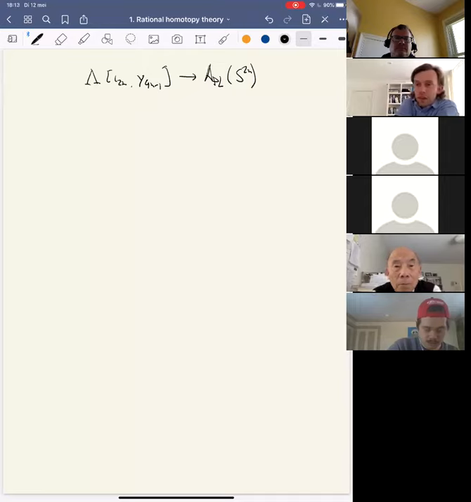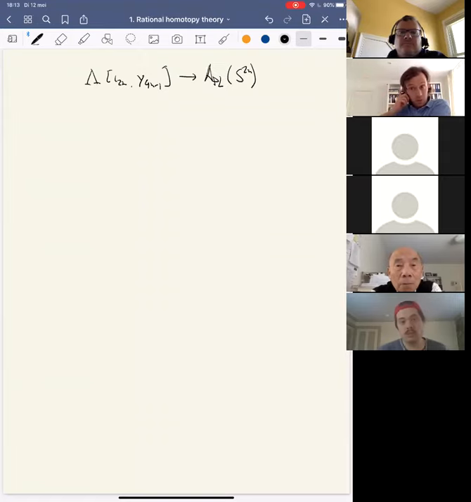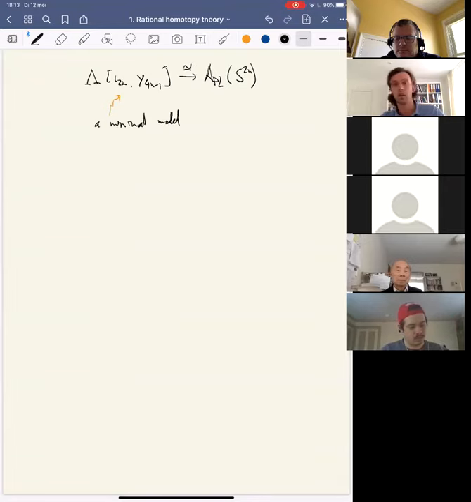And because the square of that class vanishes in the cohomology of APL, there must be some y that kills it by a differential. So you pick one and you send your y there. So it gives you a morphism of CDGAs, and it's a quasi-isomorphism by inspection. So in other words, this here is a minimal model for S^{2n}.